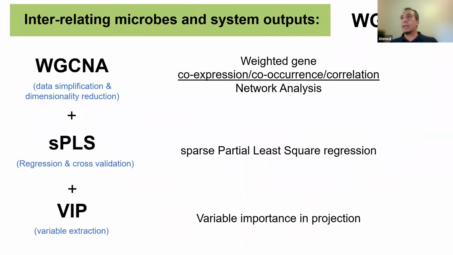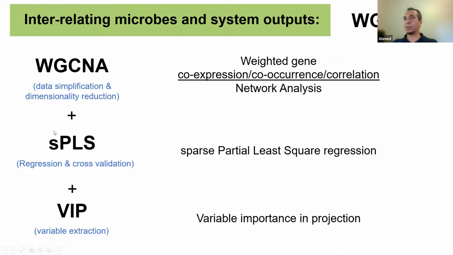So the WGCNA pipeline or workflow is, again, based on these 3 different steps, right? The first step is the data simplification and dimensionality reduction. And WGCNA stands for weighted gene or genome correlation, co-expression, co-occurrence network analysis. And then it's followed by an independent analysis, which is a partial least squares regression.